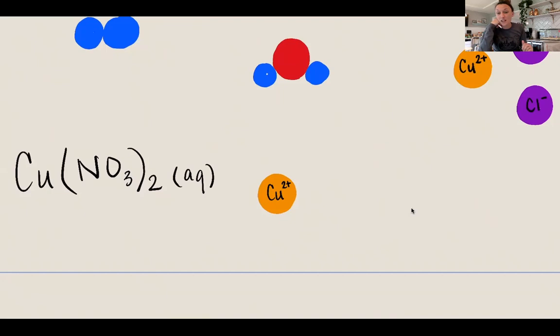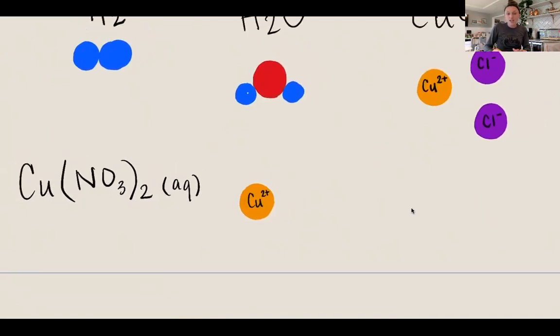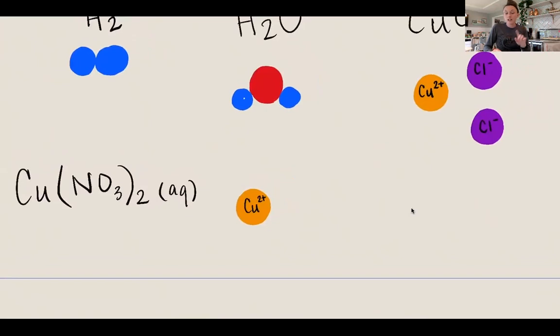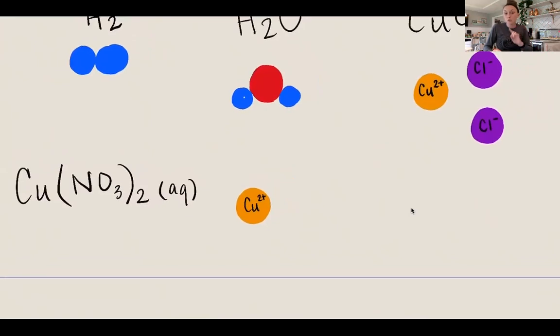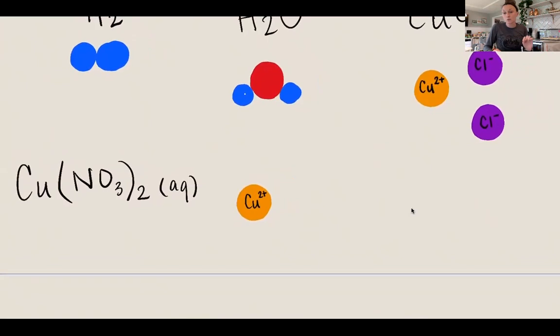They're not going to break and form into nitrogens and oxygens floating all over the place. When this dissociates, we're going to get a copper ion and 2 nitrate ions. So each of those nitrate ions is going to be an NO3, an N bonded to 3 oxygens. And each of those nitrate ions is going to have a total charge of -1.